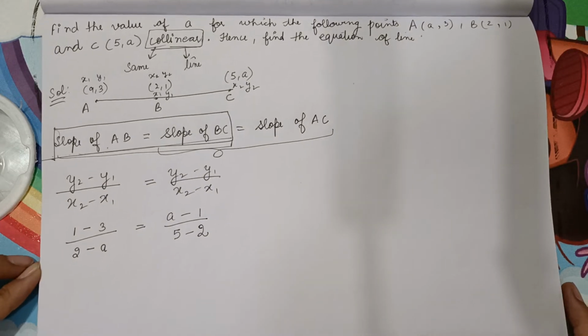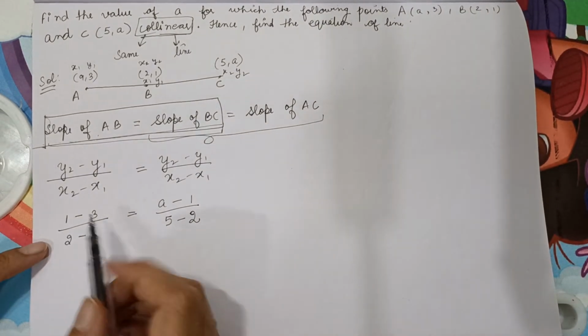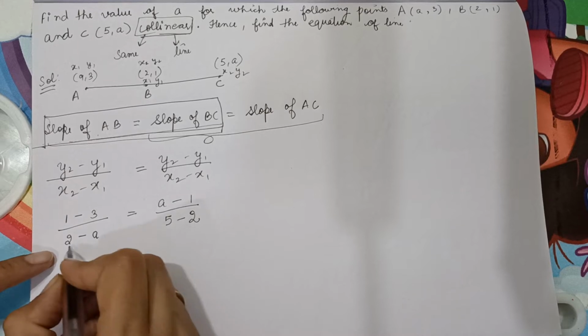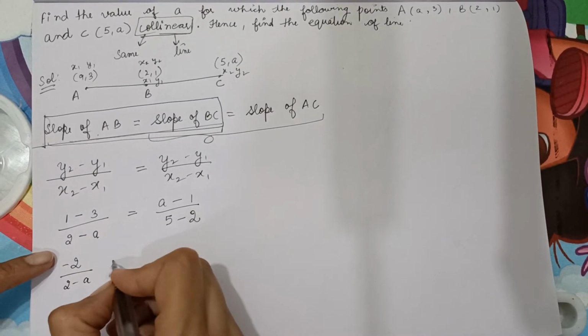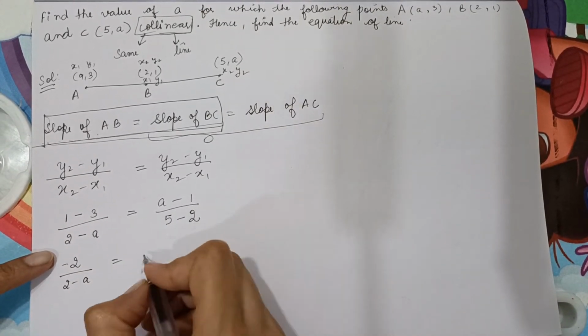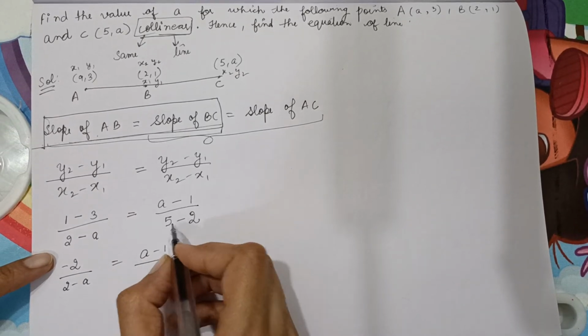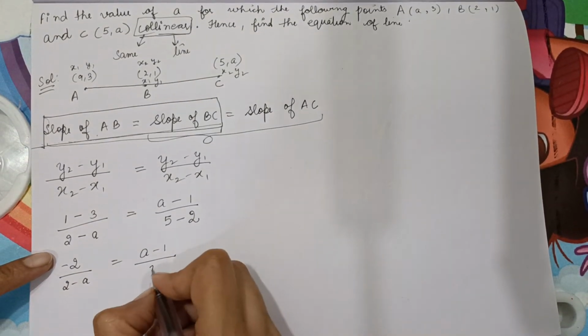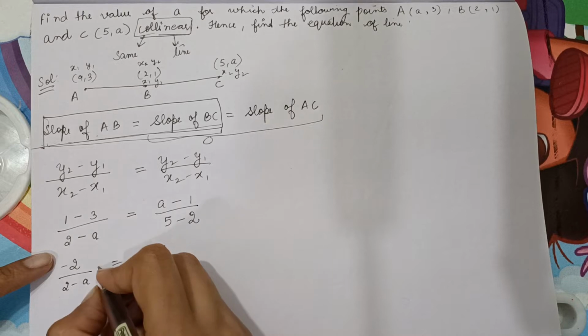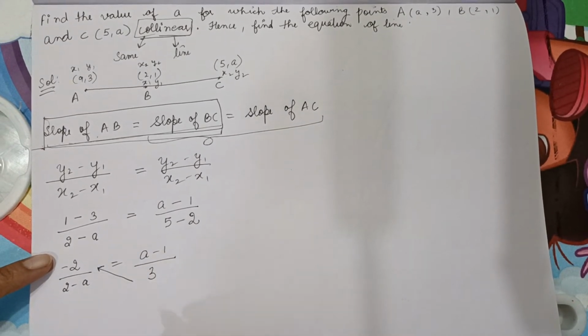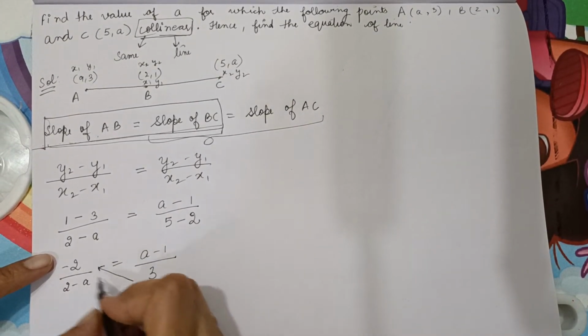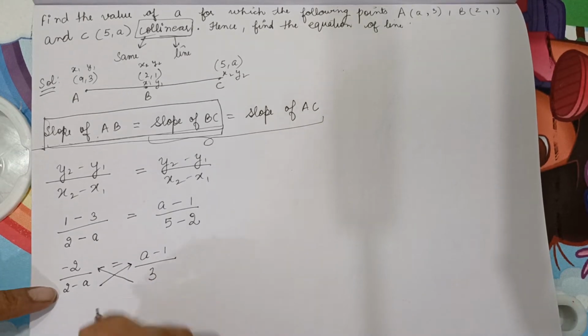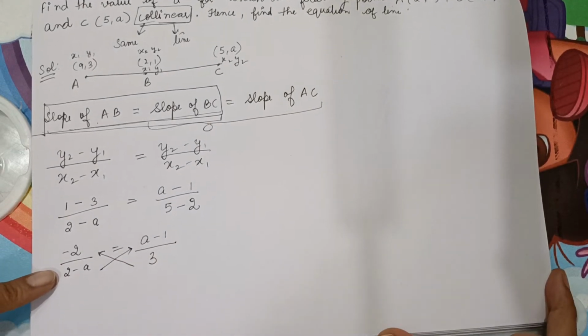Now we can simplify them further. 1 minus 3 is minus 2, 2 minus a as it is, a minus 1, and 5 minus 2 is 3. Now we shift the 3 to the other side, and 2 minus a to this side.